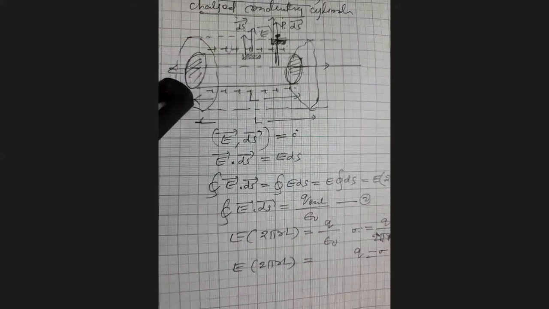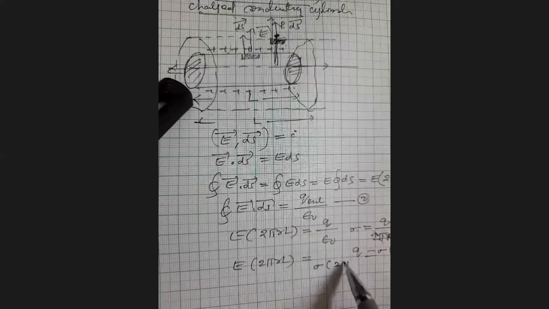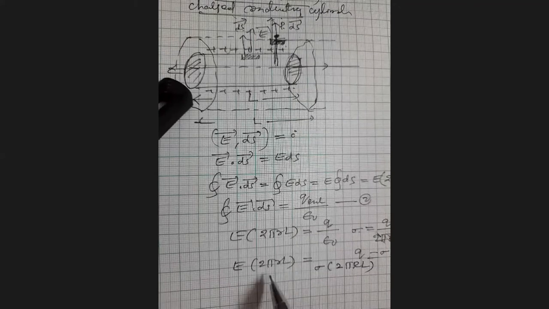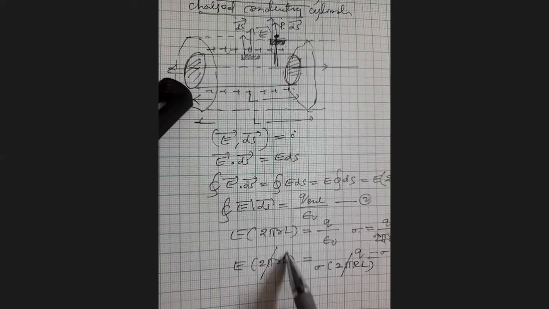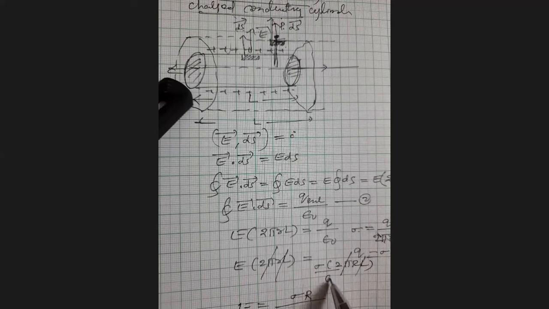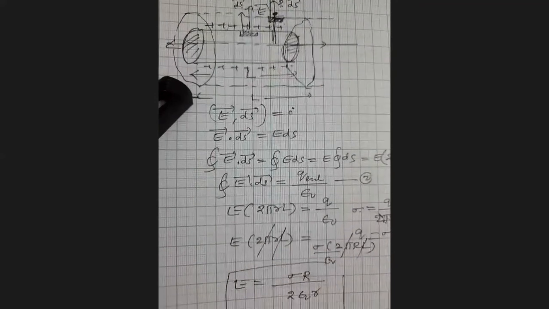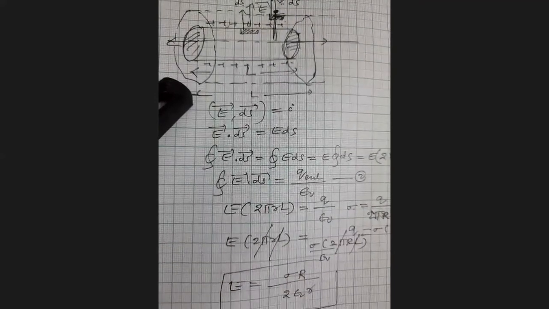Now let us substitute that value here. Q is sigma into 2 pi R L. 2 pi cancels, L cancels. Therefore, E is equal to sigma R by 2 epsilon naught r.